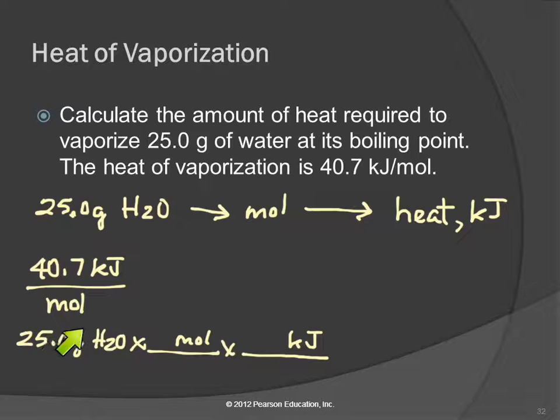I'm going to take this unit and put it in the denominator, because I want those to cancel out. And then I'm going to take moles and put it in the denominator, because I want those to cancel out. Get all the units in place first, and then put in numbers. Well, this one was given to us, so that's easy. 40.7 kilojoules per mole. I want to keep 40.7 and kilojoules together. You can't swap them around. And how do I get the relationship between grams and moles?